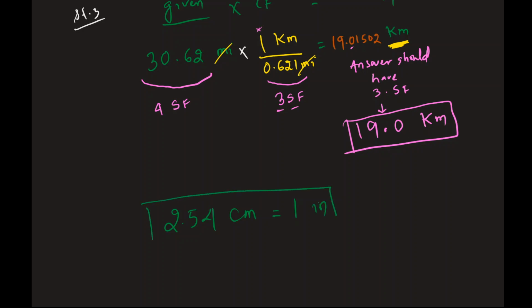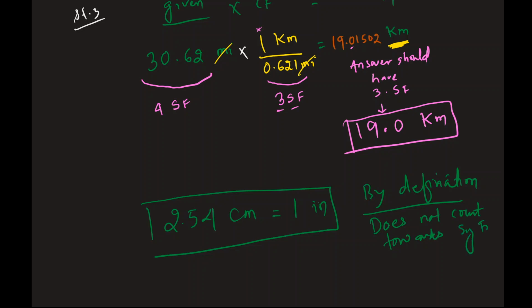So this is by definition 1 inch. So this is by definition, so this does not count towards sig figs. If it is by definition, then that does not count towards the sig fig calculation.